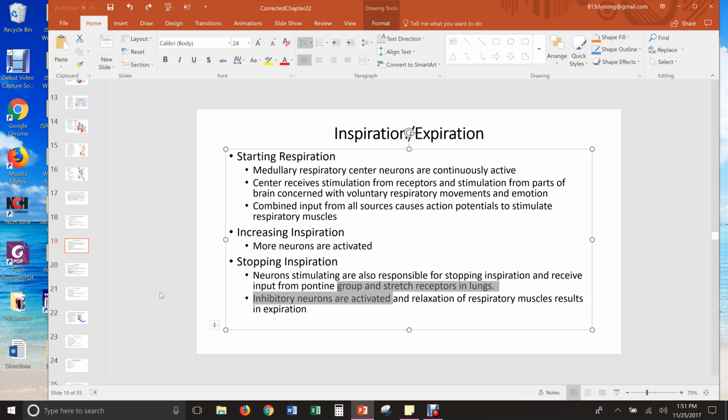We're going to see that inspiration is going to be controlled so that we do not overstretch the lungs, and that we will be able to breathe out and have a controlled, rhythmic breathing.